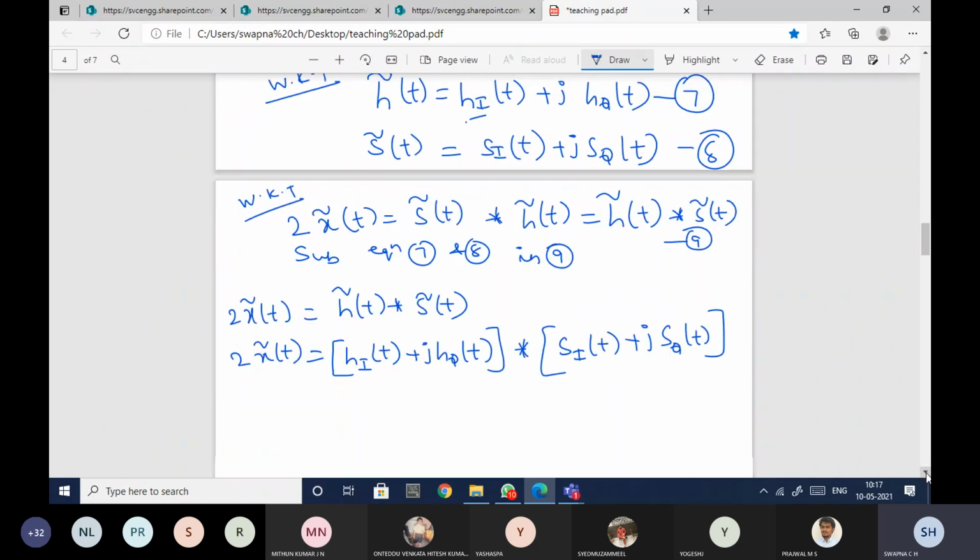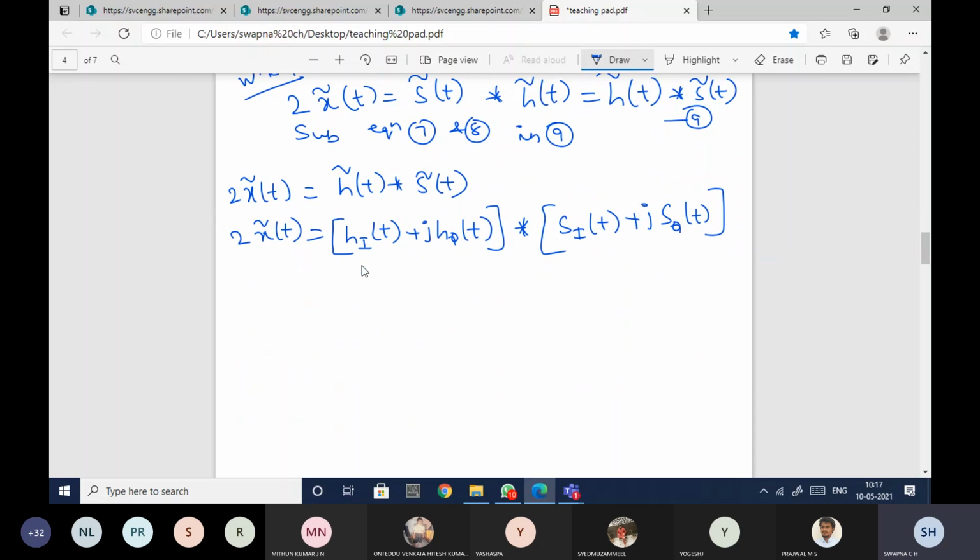Now just cross multiply, multiplying this term with this term. It becomes hi of t convolution with si of t, plus j times hq of t convolution with si of t, plus j times hi of t convolution with sq of t.